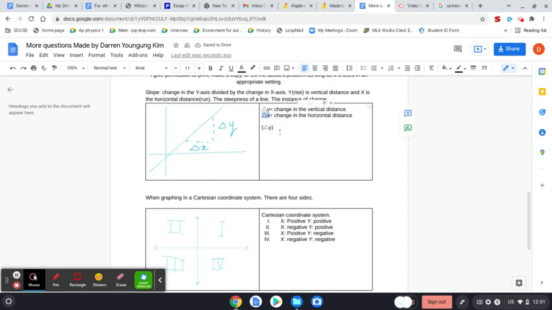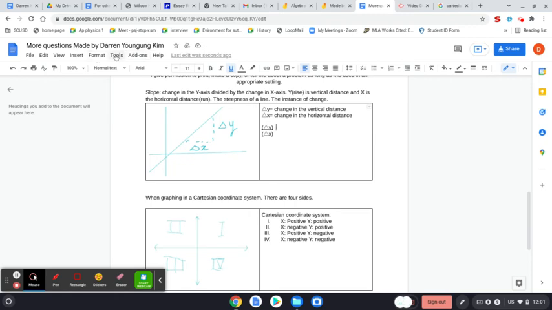And divided by. That doesn't look as good as I hoped. There's a way to fix that. Underline. That looks slightly better. Okay, that doesn't look good.